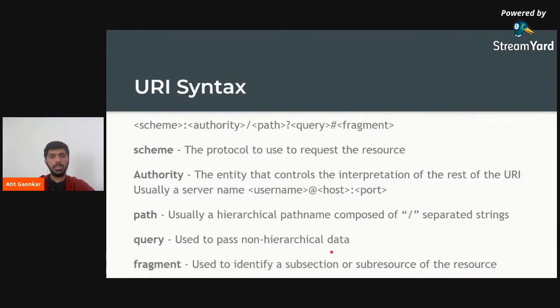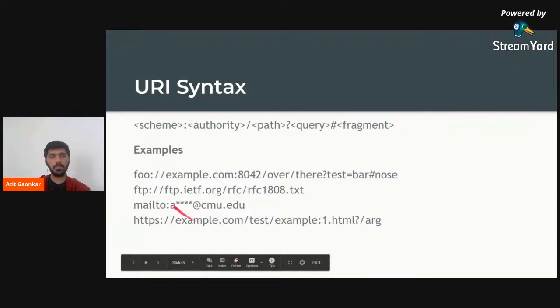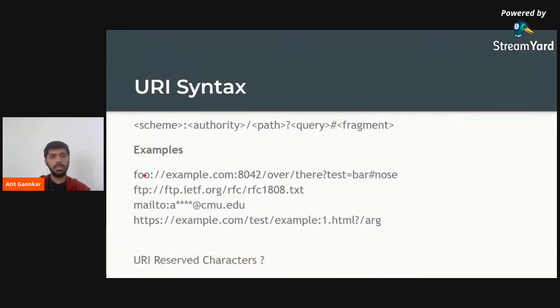So I guess you understand these basic concepts of URI syntax. Let's see some examples. In these four examples, foo here represents a scheme, and this is the colon that succeeds the scheme.